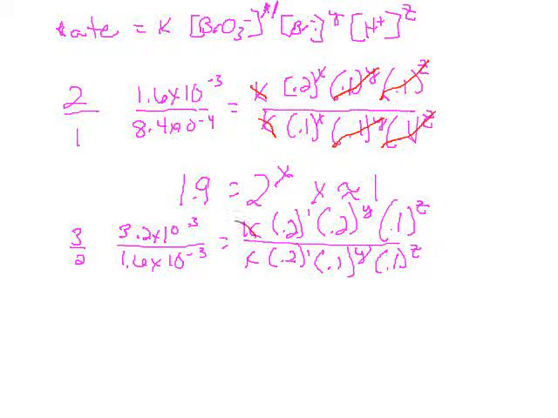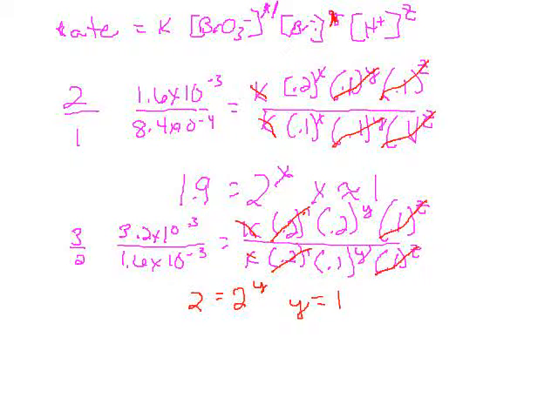So canceling out, those cancel out. Your 0.2 to the first cancels out, but even if they didn't cancel out, you would be able to do that math. But when we do this math, we get 2 equals 2 to the Y, so Y equals 1. That's a 1 there.